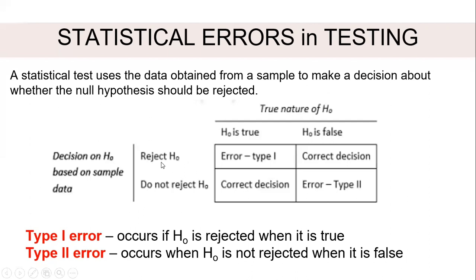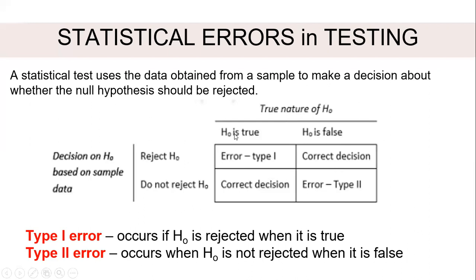If you reject a true null hypothesis, you committed what we call a type 1 error. Type 1 error occurs if the null hypothesis is rejected, even though it's true. Type 1 error happens when you reject a true null hypothesis. However, if your null hypothesis is false and you rejected that, that is in fact a correct decision, because we are supposed to reject something that is false.